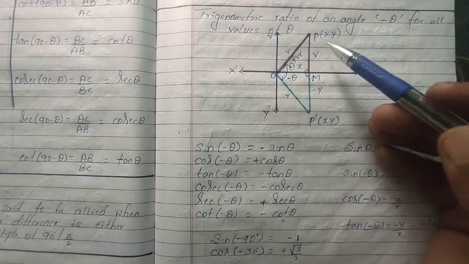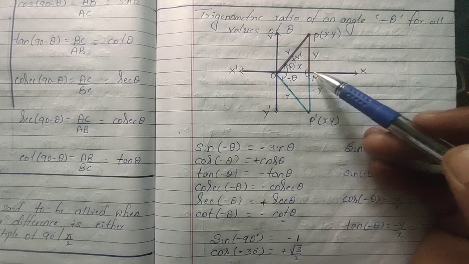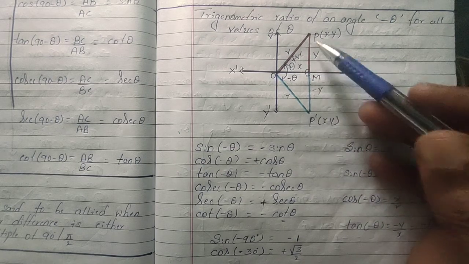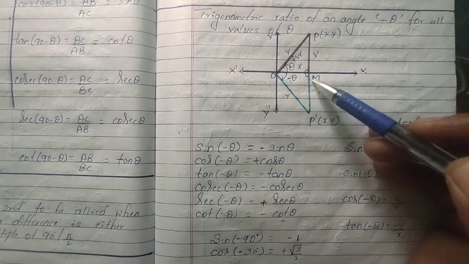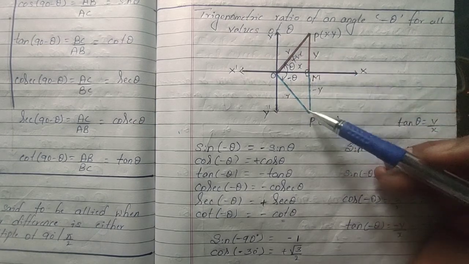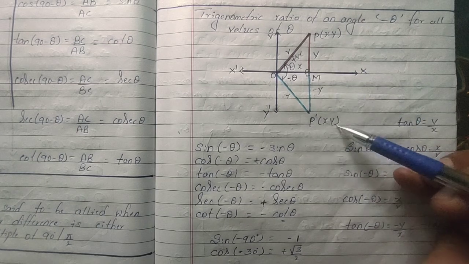So here, PM, how much distance is there, the same distance, even P dash M. PM is perpendicular to the x-axis, so I am producing this PM till P dash M, where P dash equals (x, y).